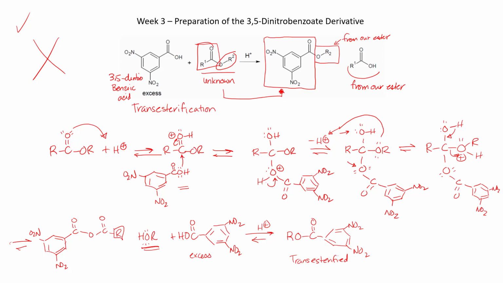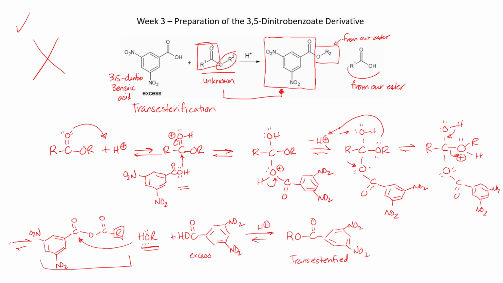This is a really ugly mechanism. If we were over here at this anhydride part, this alcohol could also react with this side of the anhydride and then make the same transesterified product. But let's make it simple in terms of the alcohol reacting with the excess of the 3,5-dinitrobenzoic acid.